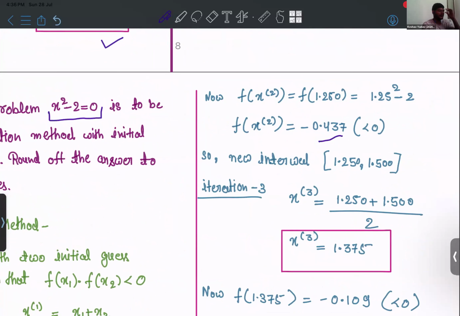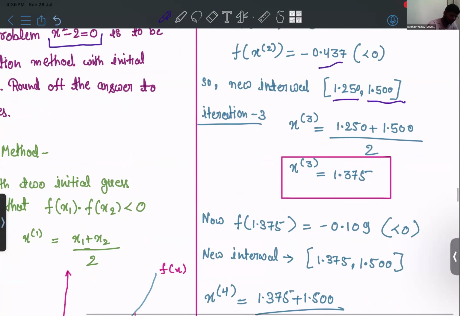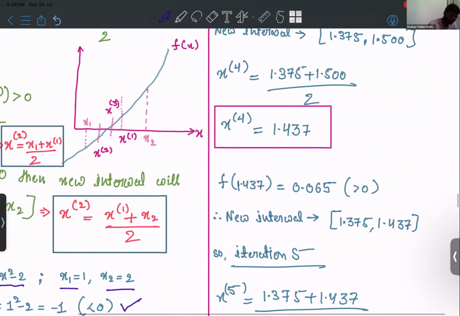So f at 1 was negative, f at 1.5 was positive. So f at 1 was negative, so this will be replaced. So our new interval will be 1.250 and 1.500. Similarly, we will proceed and find the value till the fifth iteration.